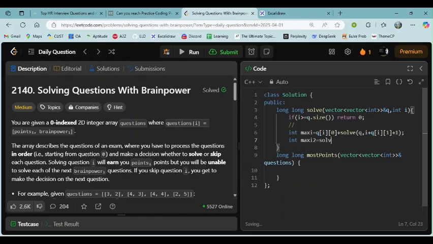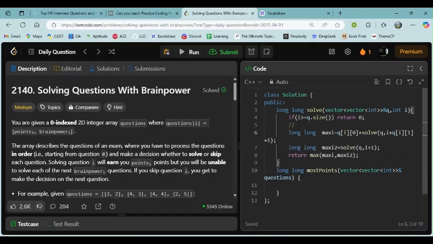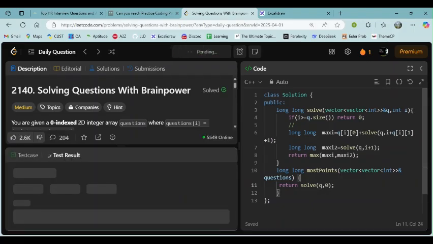And maxi2 is equal to skipping the current problem, so solve of q, i plus 1. Then I will return the maximum of maxi comma maxi2. Then return solve(q, 0).